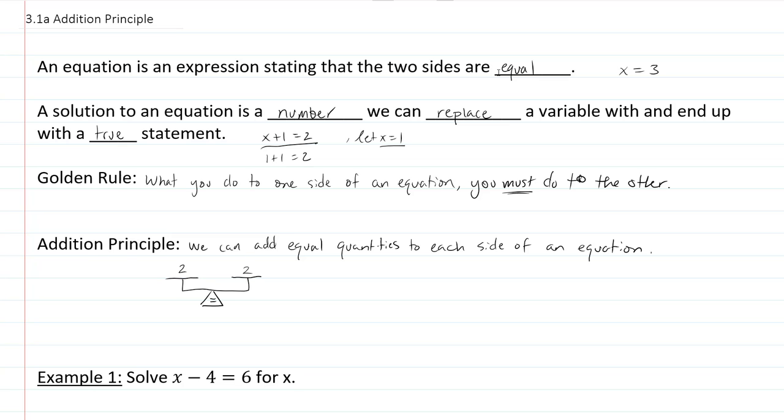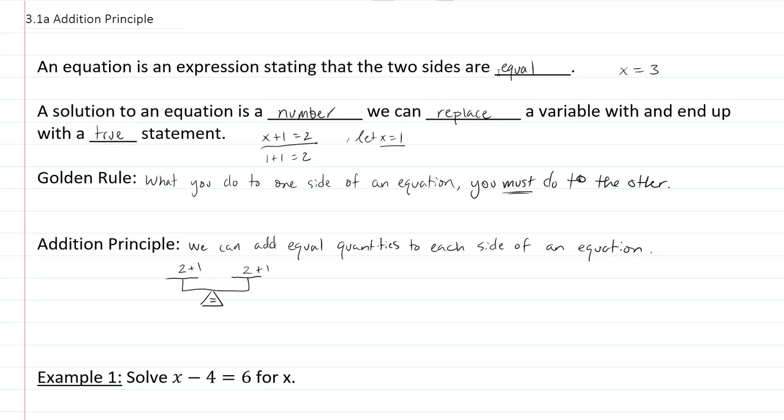Now if we added something to both sides with the same weight, say 1 pound to each side, the scale would remain balanced. That's all the addition principle is saying, is that we can add equal things to opposite sides of an equation, something that's already equal, and it will remain equal.